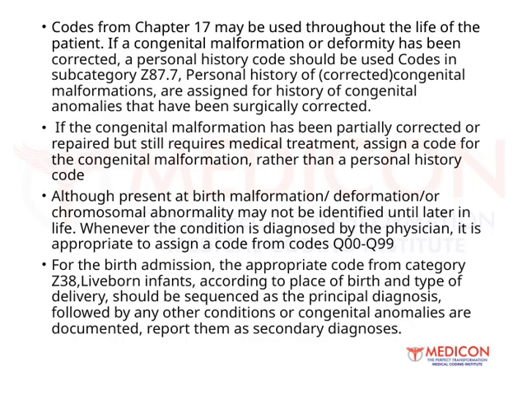The specific code depends on the place of birth and type of delivery. This code should be listed as the principal diagnosis. Any other conditions or congenital anomalies present should be documented as secondary diagnoses. Understanding these nuances helps ensure accurate and consistent coding throughout the patient's lifetime.